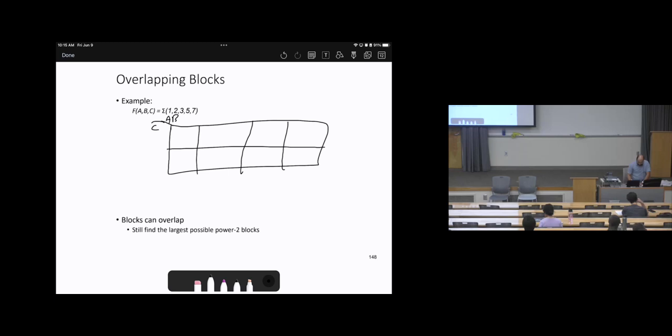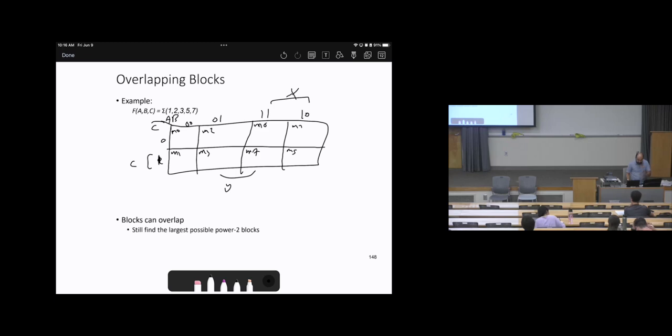Let me write the numbers. Here is C, then 0, 0, 0, 1, 1, 1, 1, 0. Here's the location of x, here is the location of y. So here is M0, M1, M2, M3, M4, M5, M6, and M7. Okay?